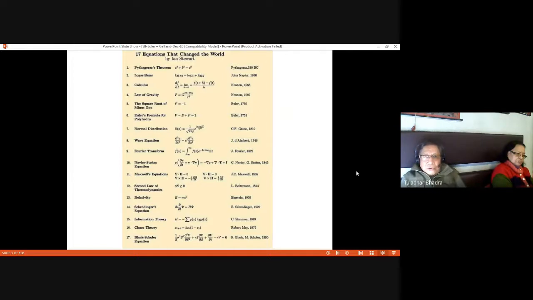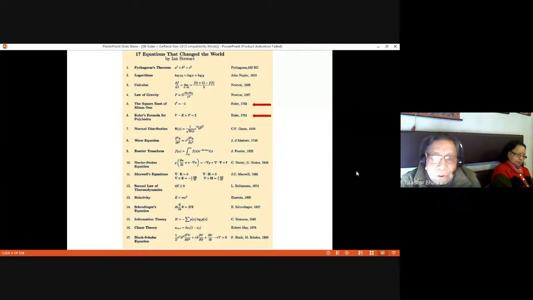Of these 17, two of them are of our interest today. So this one is from Euler, 1750. In 1750, Euler gave the square root of -1, which is symbolized as i, the symbol he gave there.